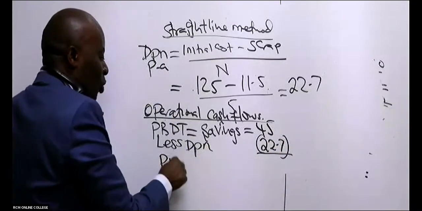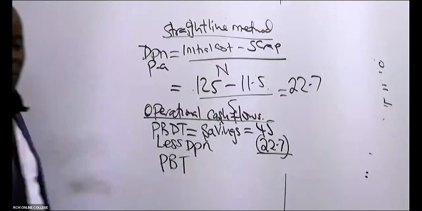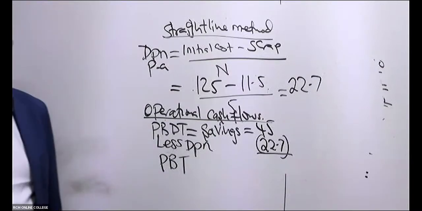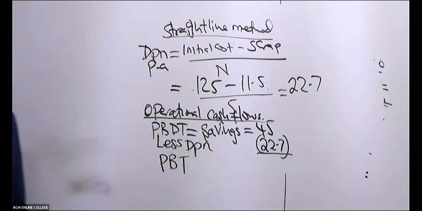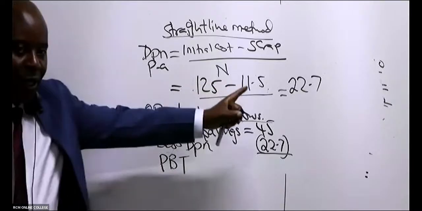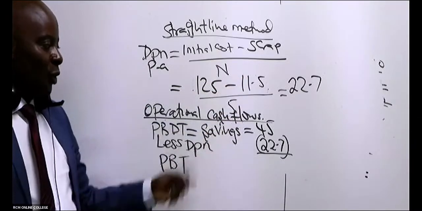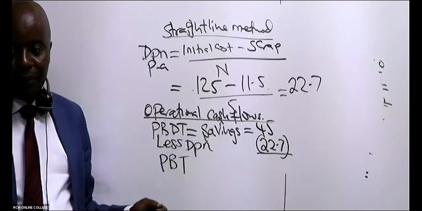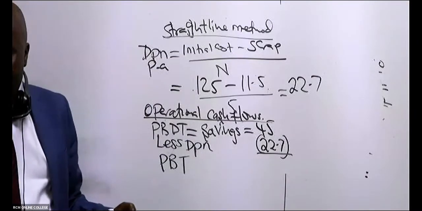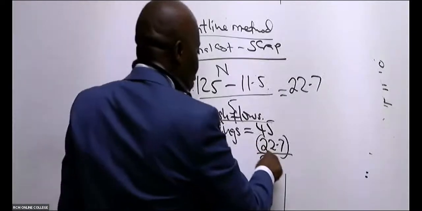We'll be able to get what we call profit before tax. Profit before tax over how much? Because depreciation already we have gotten, right? So 45 minus 22.7, 22.3. Thank you so much.